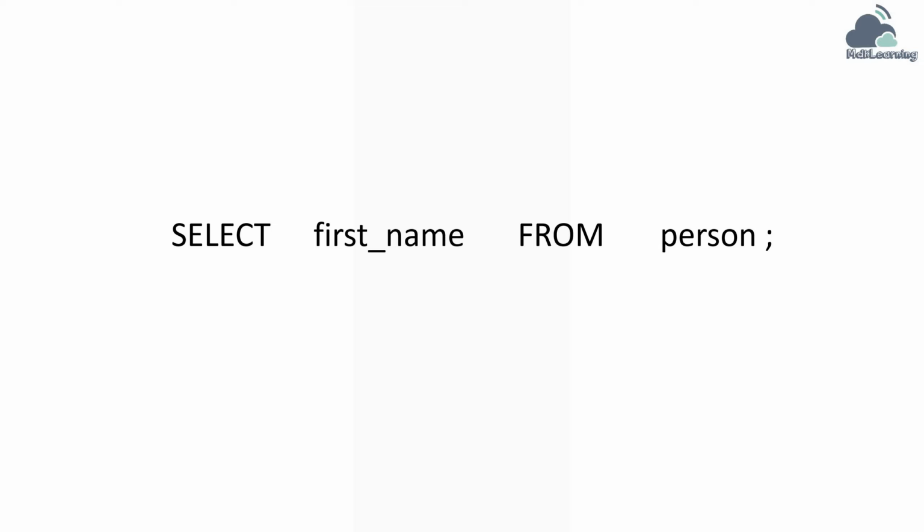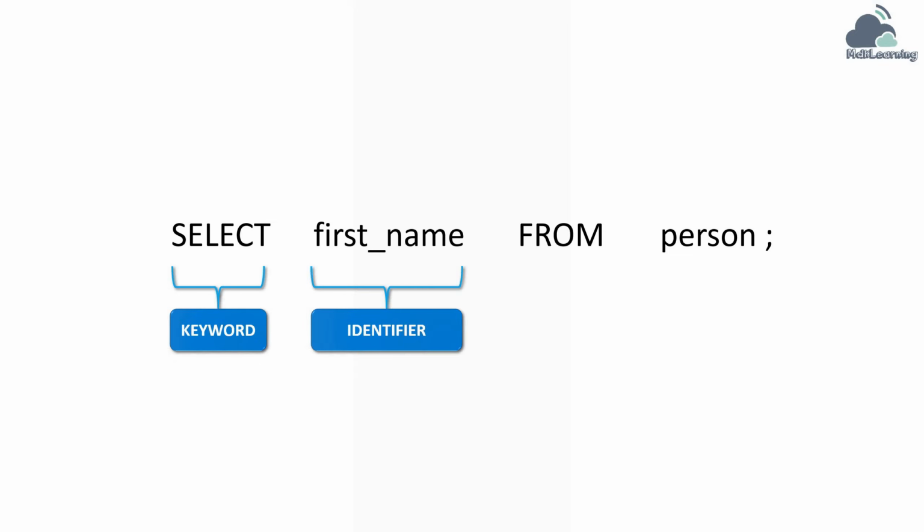Now let's look at these different pieces of this expression and parse it the way that a database would. So SELECT. SELECT is what's known as a keyword. In fact, it's a particular kind of keyword called a command. In this course, and I think as a good practice, I'm going to have all the SQL keywords in uppercase and all of the identifiers, like first_name, in lowercase.